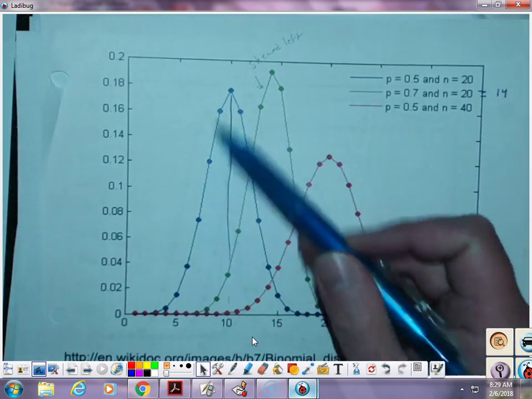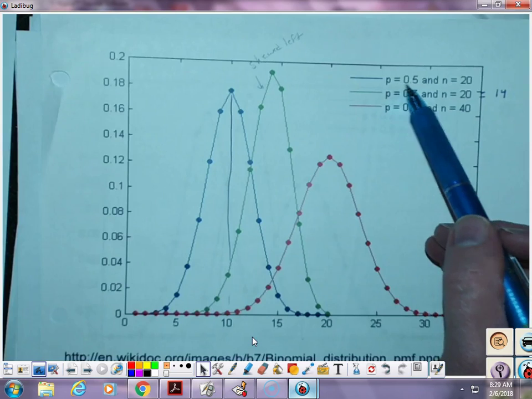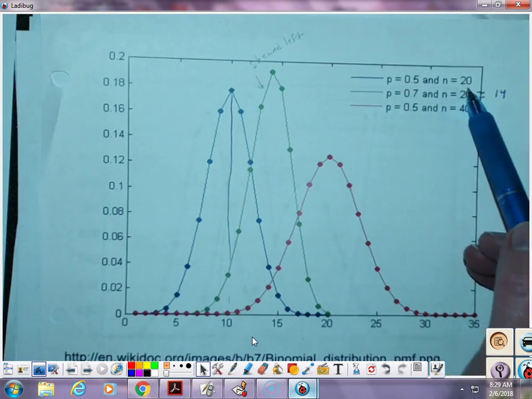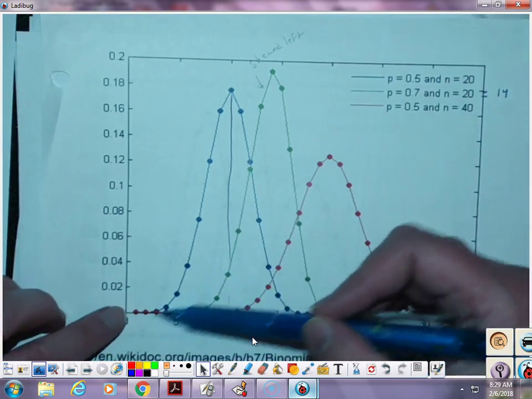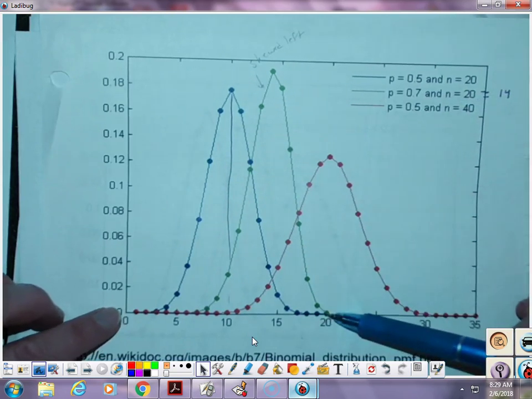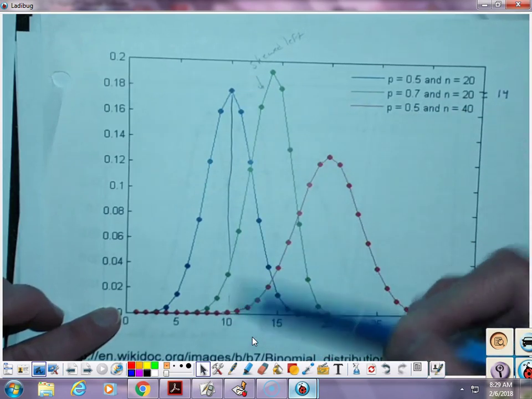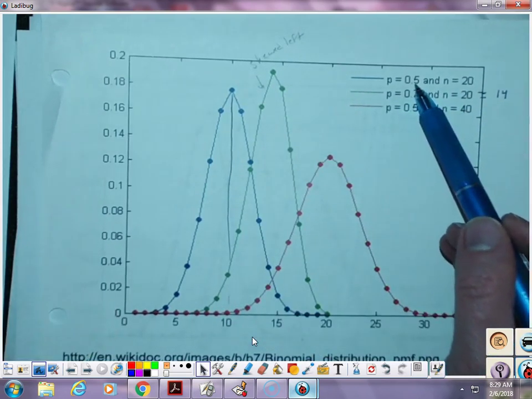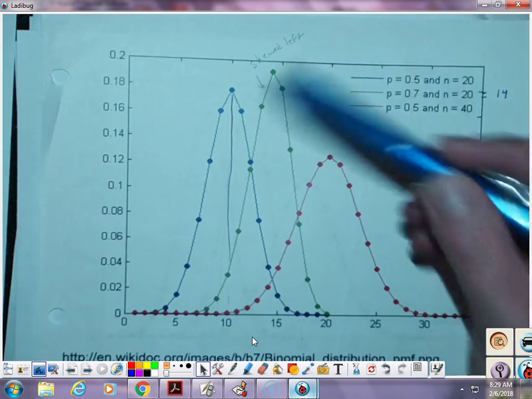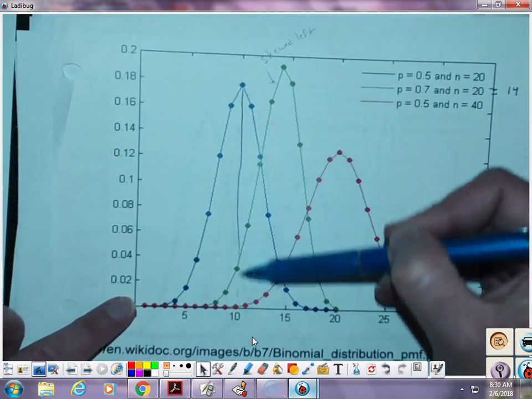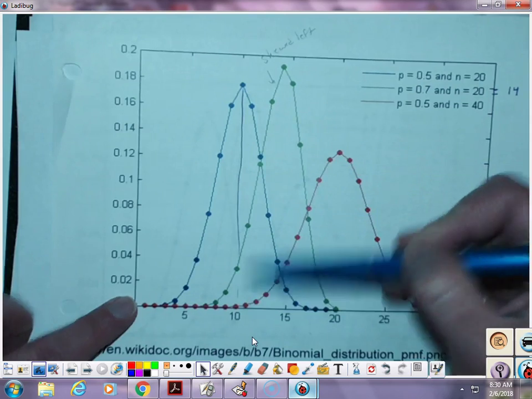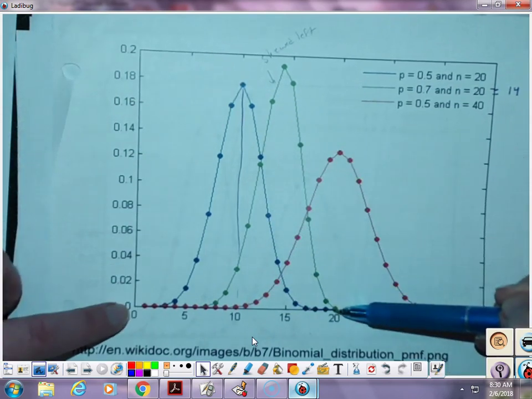The blue one, which is this first one, has a probability of 0.5 and a number of trials of 20. So you notice it only goes out to 20. Since the probability is 0.5, you would expect the highest to be right at 0.5 times 20, 10. That's the highest probability that's going to happen. It's your highest expected value, and it's symmetrical on each side.